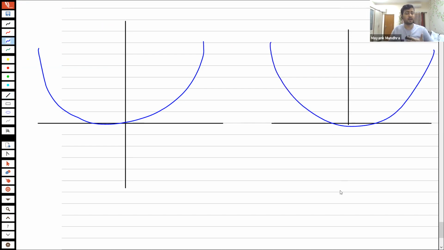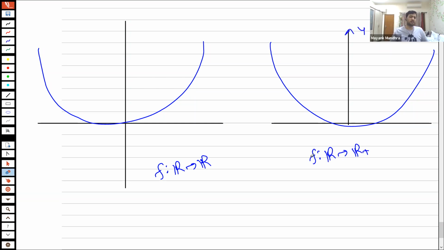I'm removing the negative part of the y-axis because it is redundant. The curve never goes into the negative part, so why draw it? Here I am defining my function as R to R, and here as R to R plus.